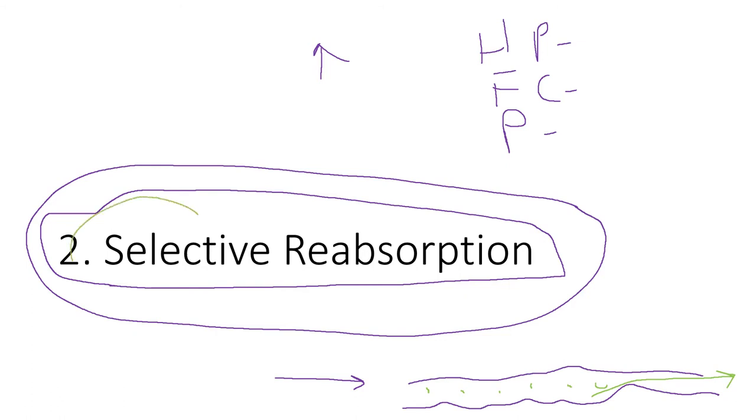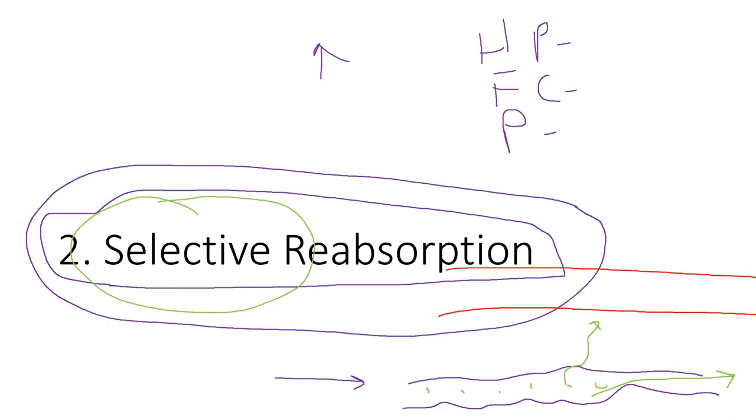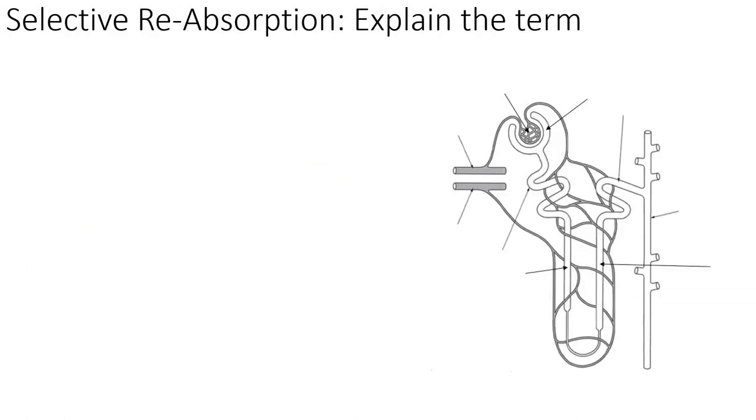So what we now have to do is selectively reabsorb that stuff back into the blood so that we can keep it, use it, and be happy. So let's have a look at how that works.